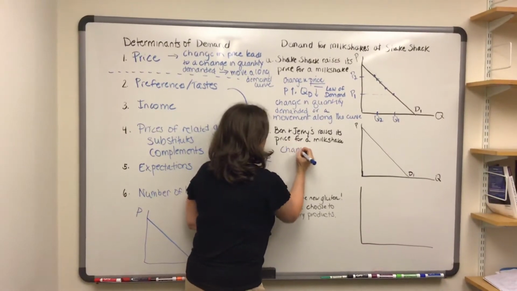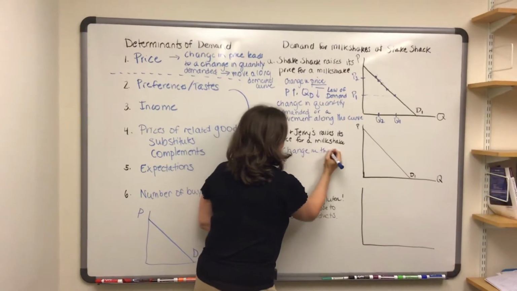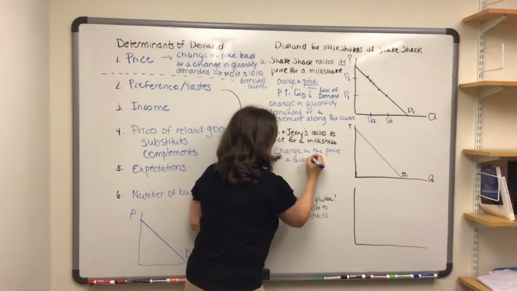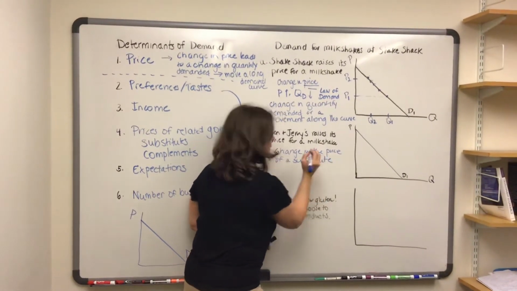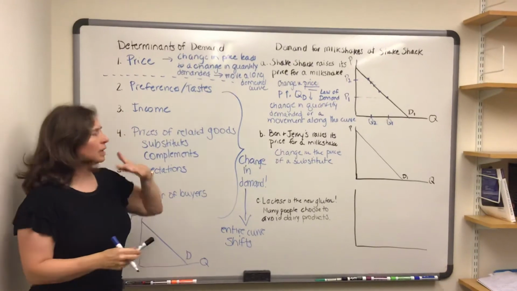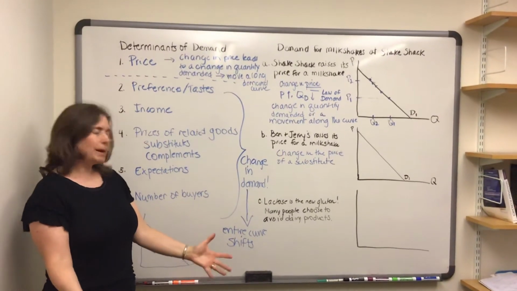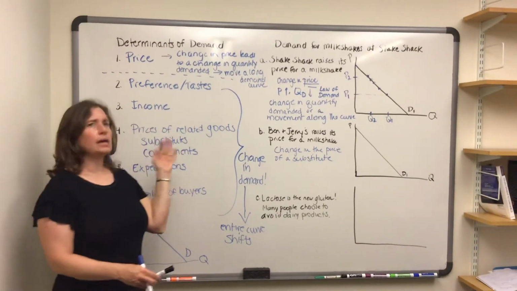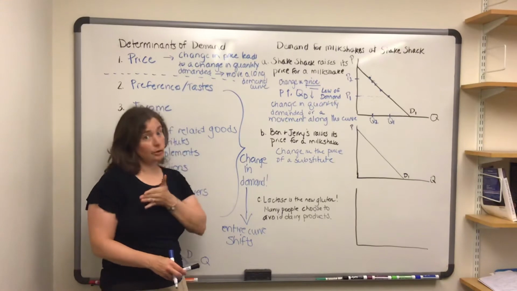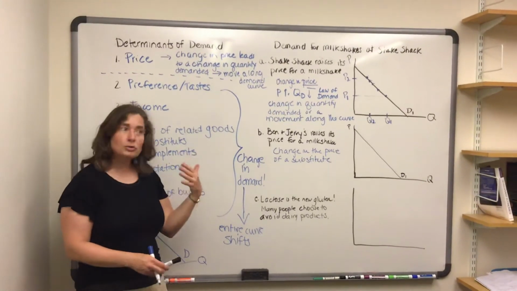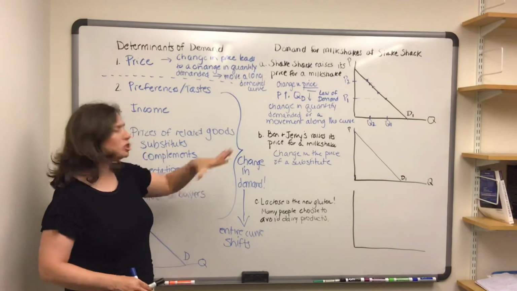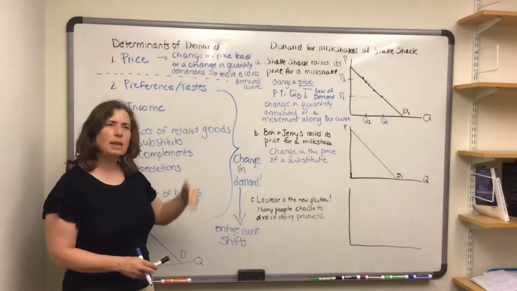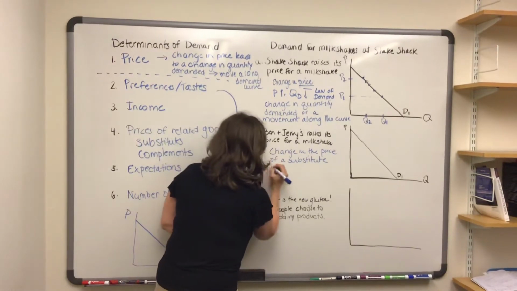So here we see a change in the price of a substitute. Now, logically, if I can go to one or two places to buy a milkshake, and one of those places raises its price, it's going to make me more likely to go to the other location. So this should be good news for Shake Shack, because this change in the price, in particular an increase in the price of a substitute, should increase the demand for milkshakes at Shake Shack.